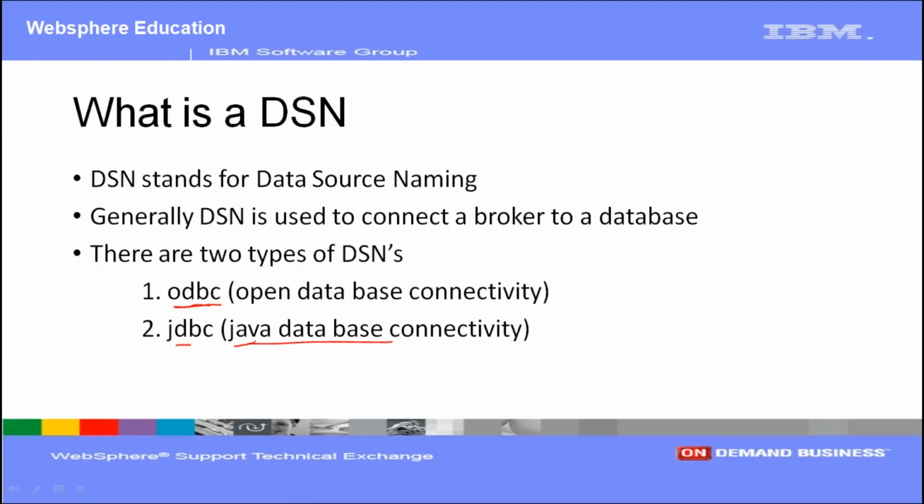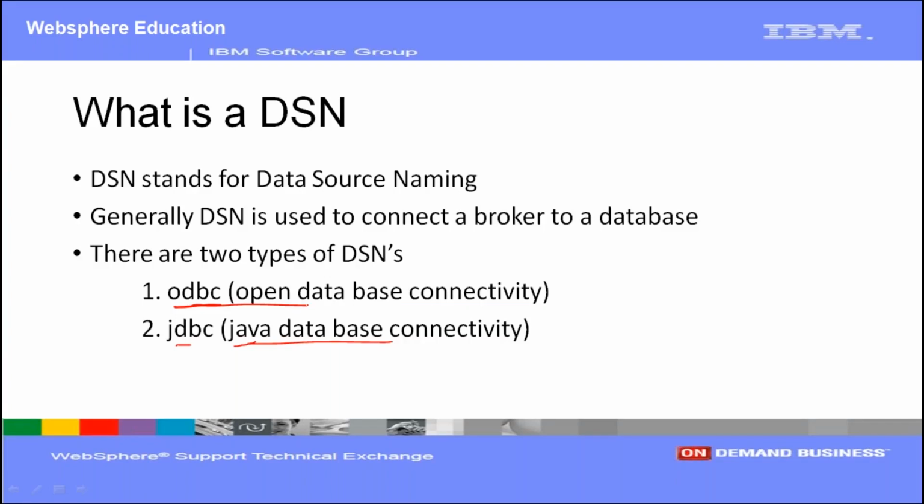In real time, if you go to any IIB project, in mostly 95% of the cases, you see the ODBC database only, because a broker can support multiple applications, right? Whatever language the application is developed in, ODBC is going to support it. JDBC databases are very few.